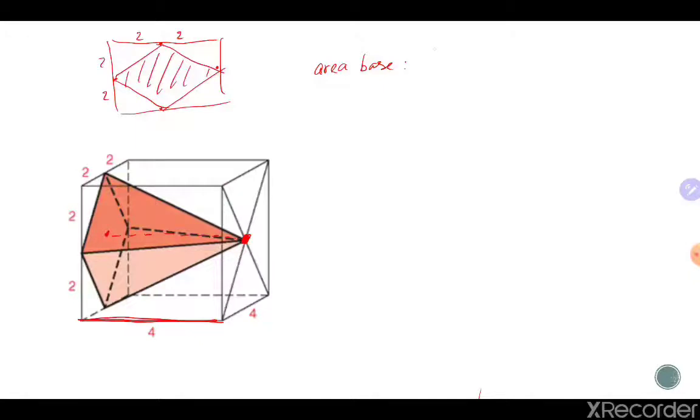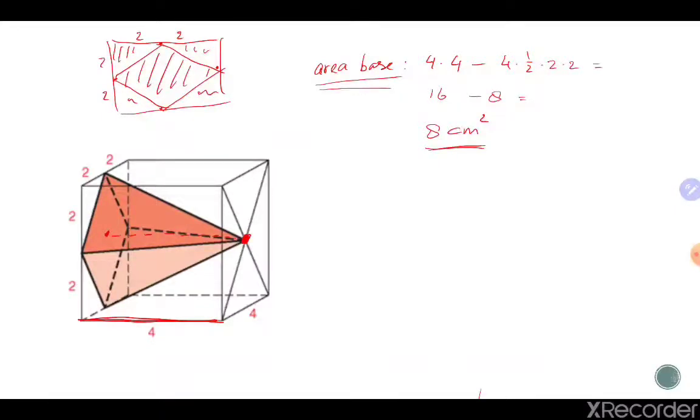We can say, wait a second, it is just 4 times 4, so the whole square, but minus those triangles, that one, this one, and that one. So minus 4 times a half times 2 times 2. So that's 16 minus 4 times a half is 2, times 2 is 4, times 2 is 8. So 16 minus 8 is 8 square centimeters. So the area of the base is 8 square centimeters.